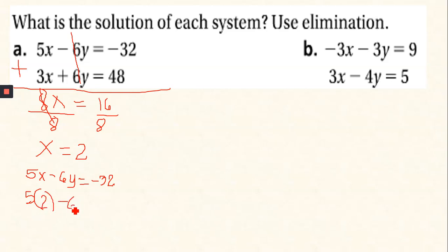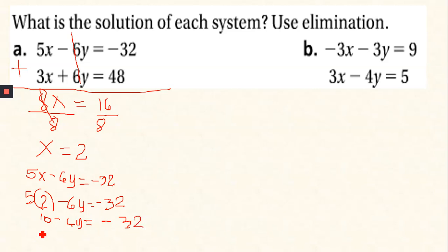Minus 6y equals negative 32. Okay, 5 times 2, that is 10, minus 6y is equal to negative 32.